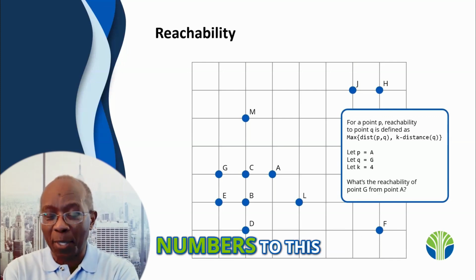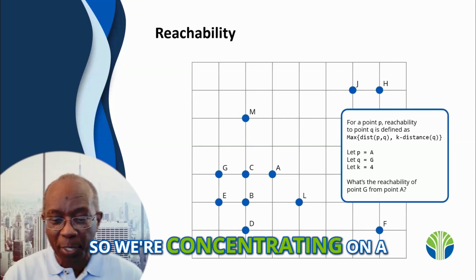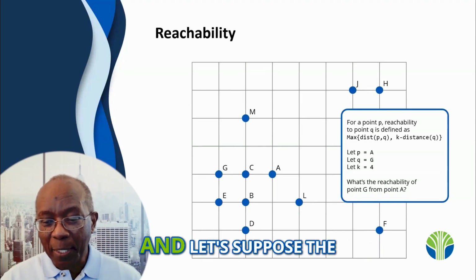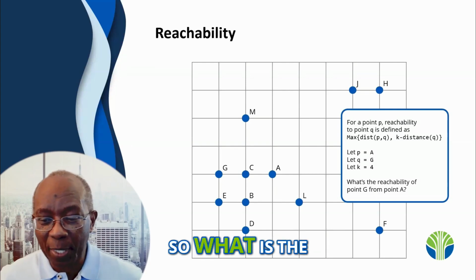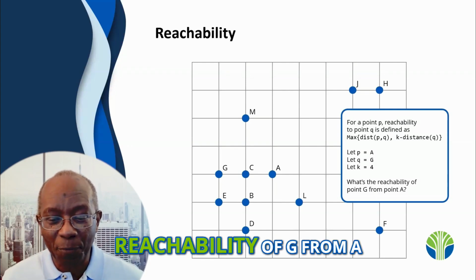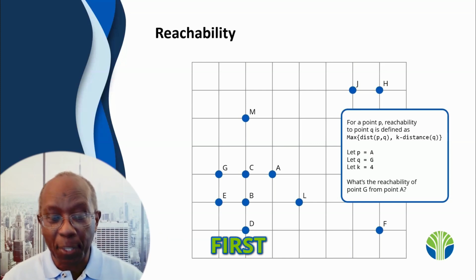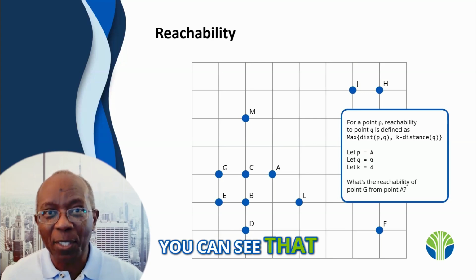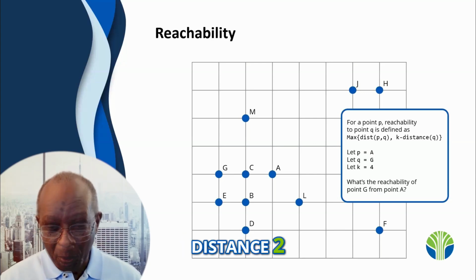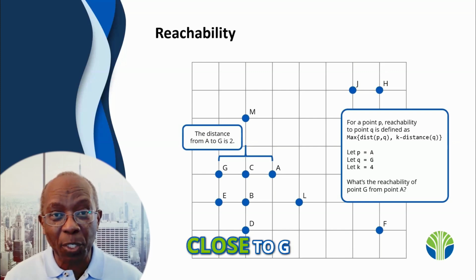Now let's actually put numbers to this. So suppose we take our point P to be A. So we're concentrating on A, and let's suppose the other point Q is G. So what is the reachability of G from A? Two concepts are going on here. First, how close is G to A anyway? That's easy. G is just distance 2 from A. But then the other thing we want to think about is, are there other points close to G?